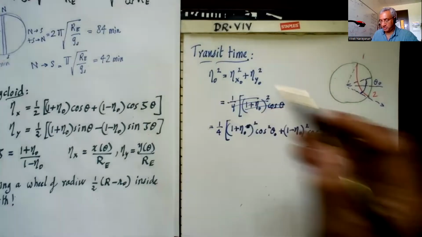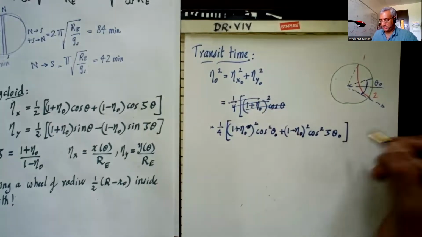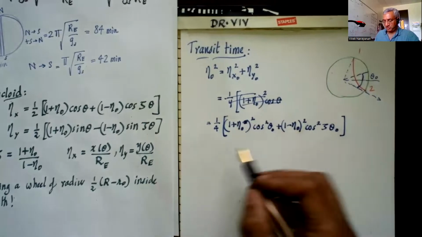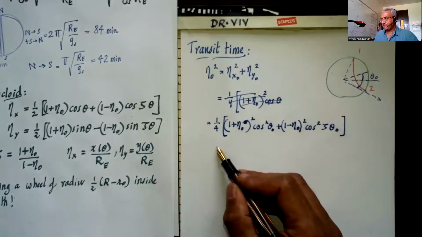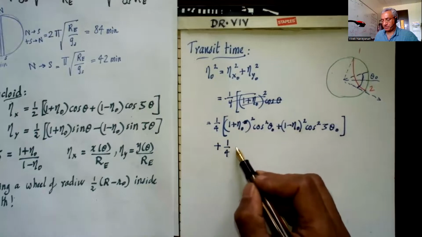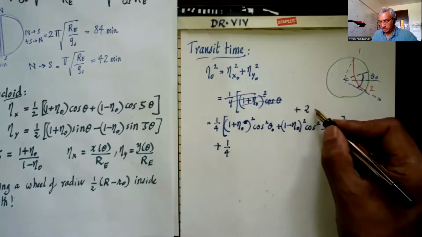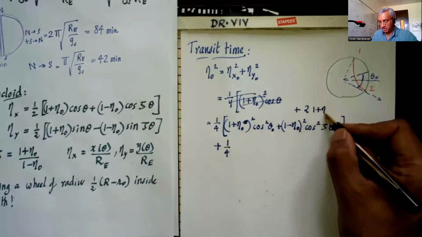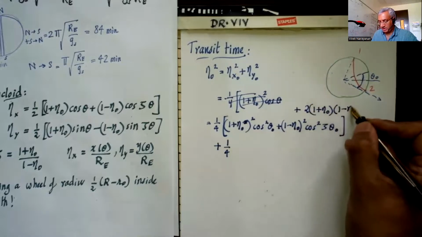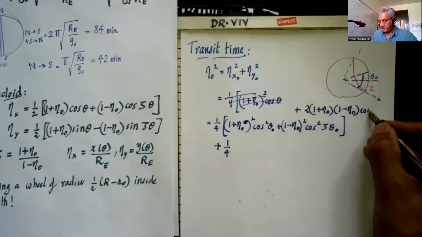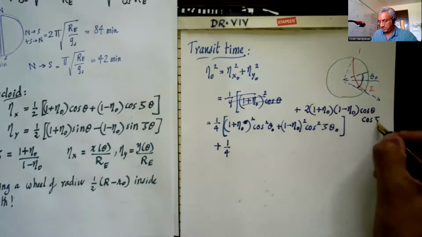That naught means theta naught. So that's eta x squared plus eta y squared. Then there's a plus 2 times (1 plus eta naught)(1 minus eta naught) cosine theta cosine zeta theta.